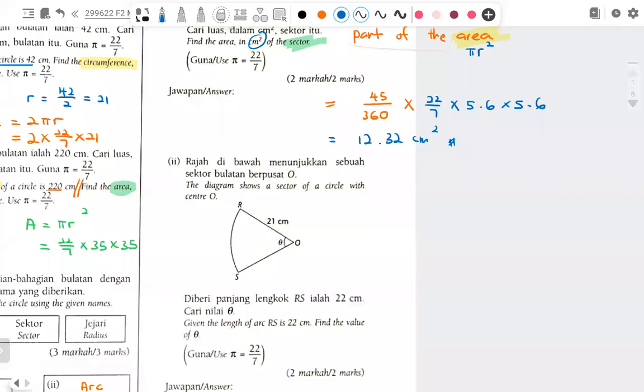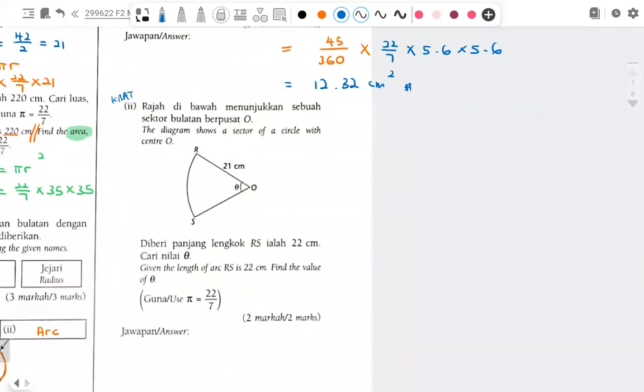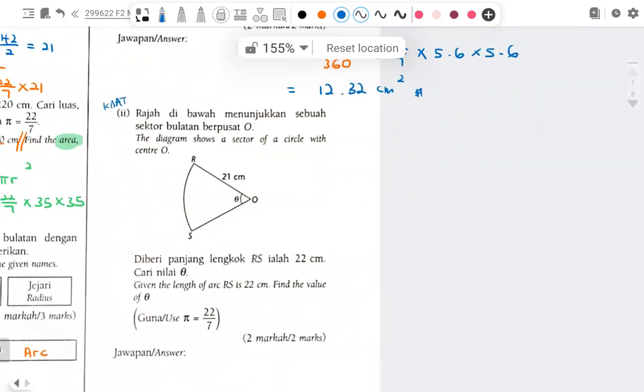And the second one, I would say this is a bit harder. Let's see this question together. It shows a sector of a circle with center O. Again, 21 cm is the radius, but now we do not know the size of the angle. They give you the symbol.